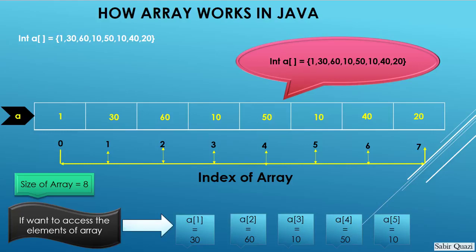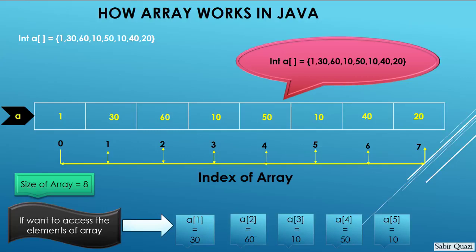Here we can see the size of the array is 8, since the array started with index 0, which holds the value 1, and the last value it holds is at index 7. That is why the size of the array is 8.